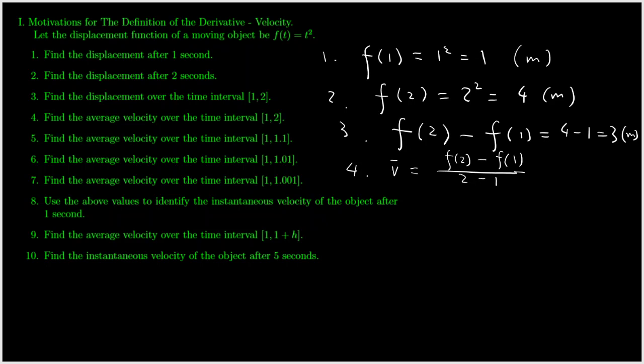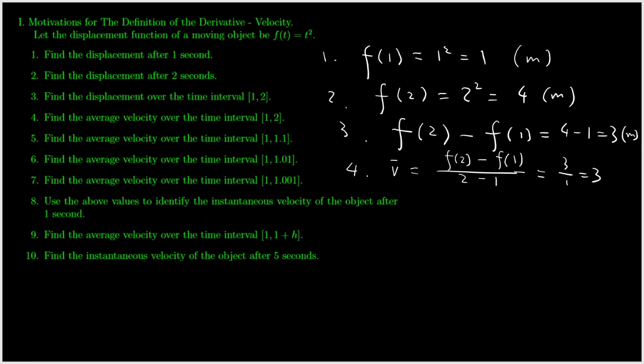So the answer to this one is of course 3 over 1. Sorry, 3 over 1 is 3, of course, right? Now I just want to make sure you're following me. Does anybody want to tell me the unit for question 4?